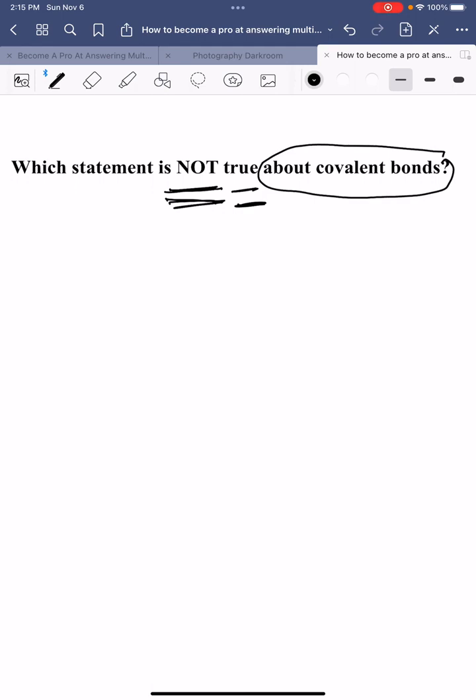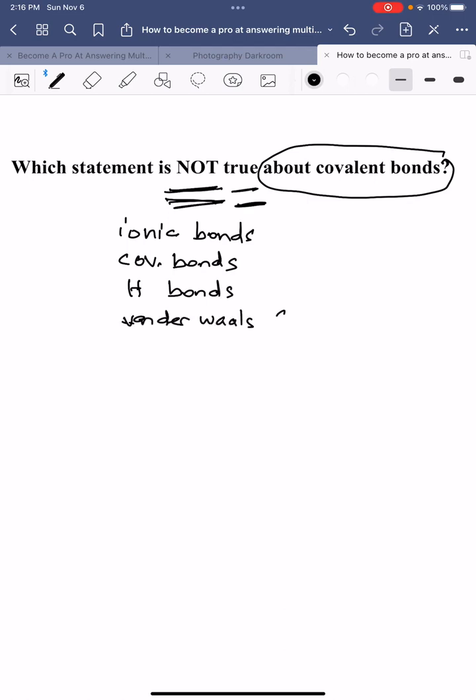I would make a couple notes here for myself, thinking through what I remembered from my studying of covalent bonds. So probably you would think along these lines. I remember I learned about ionic bonds, and I learned about covalent bonds, and you may remember you learned about hydrogen bonds, and perhaps you also touched on van der Waals forces.